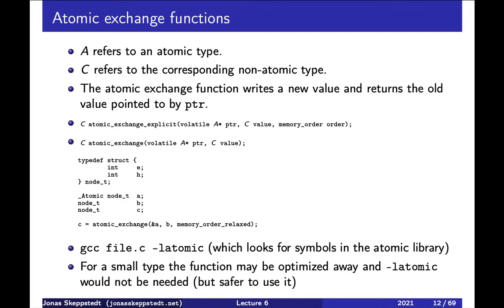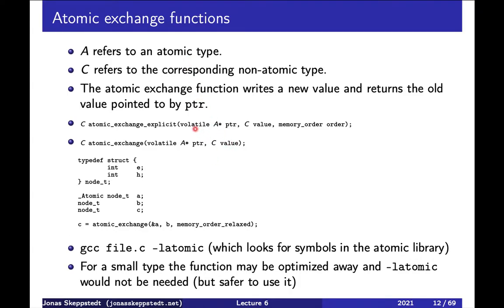Okay, so now let's look at an atomic exchange operation. What it does is to change the value of an atomic variable, and the return value of this is the previous value of the atomic variable. It's interesting to look at the type of this function. The return type C corresponds to the non-atomic type, and A is the atomic type.